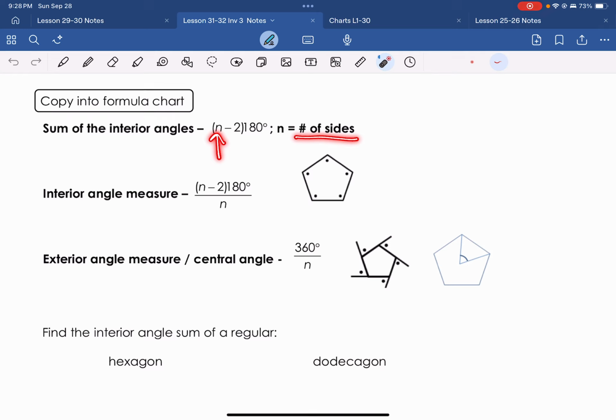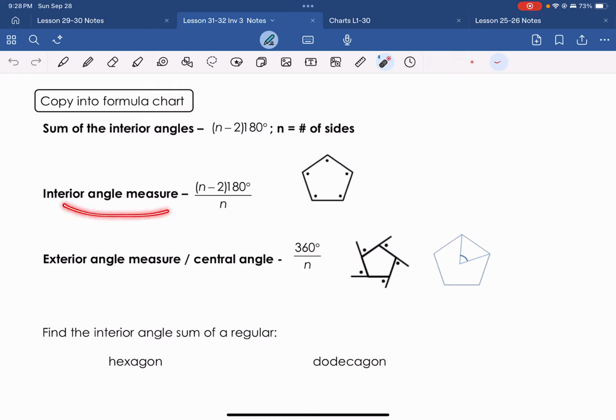So just like I was saying, a triangle has 3 sides. So if I were to put a 3 in for n, it would be 3 minus 2 is 1, and 1 times 180 is 180. So the sum of the triangle's angles is 180.